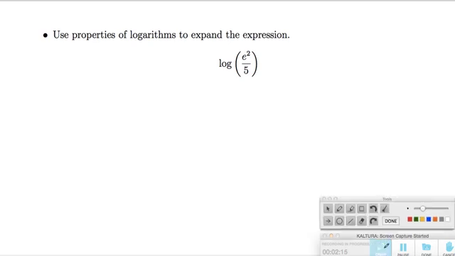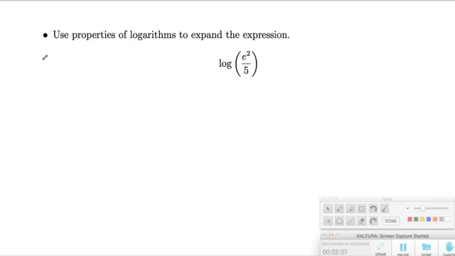So here's a sample problem that you could be asked to solve. You're supposed to use properties of logarithms to expand this particular expression. Well, the most tempting one to start with is the quotient rule for logarithms.